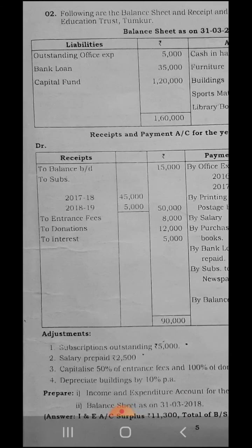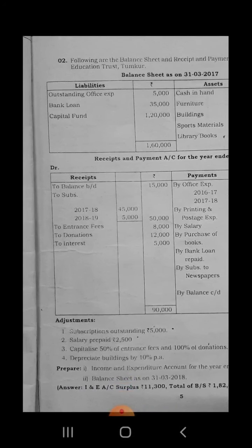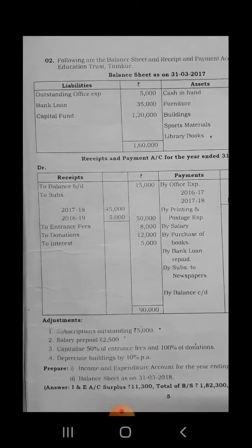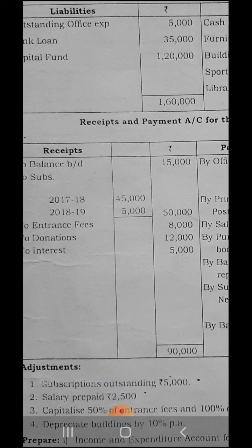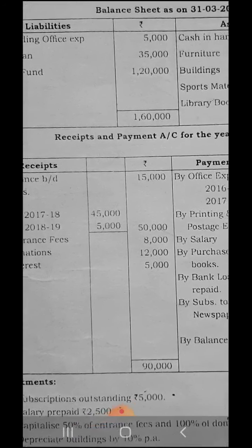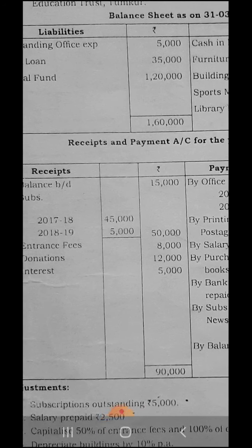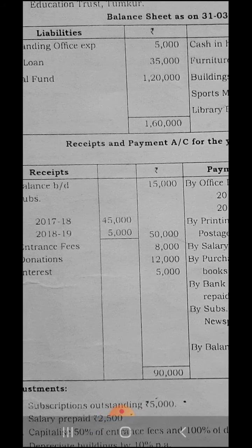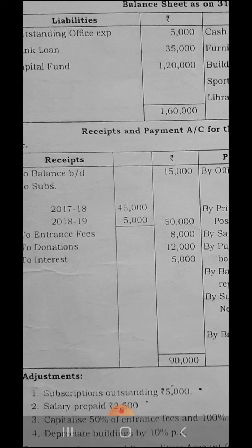It will start with the opening cash balance. Previous year cash balance will be taken as this year's opening cash balance, which is 15,000, already shown. Then subscriptions are given separately, year wise. For the year 2017-18, the current year, 45,000, and they have received some subscription related to 2018-19, means advance received for the next year, 5,000.